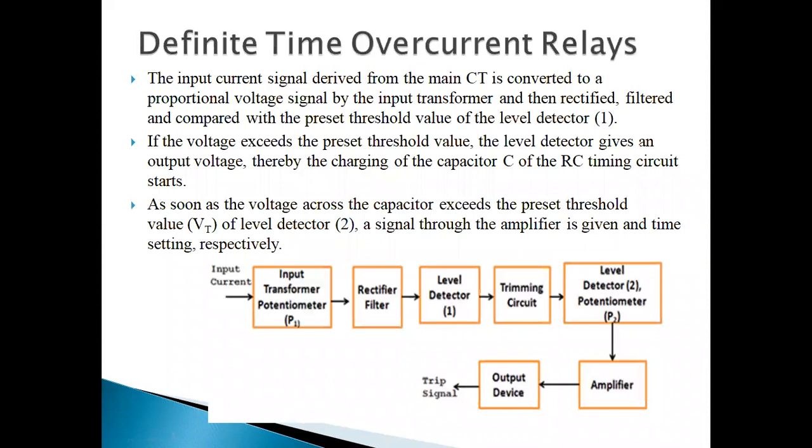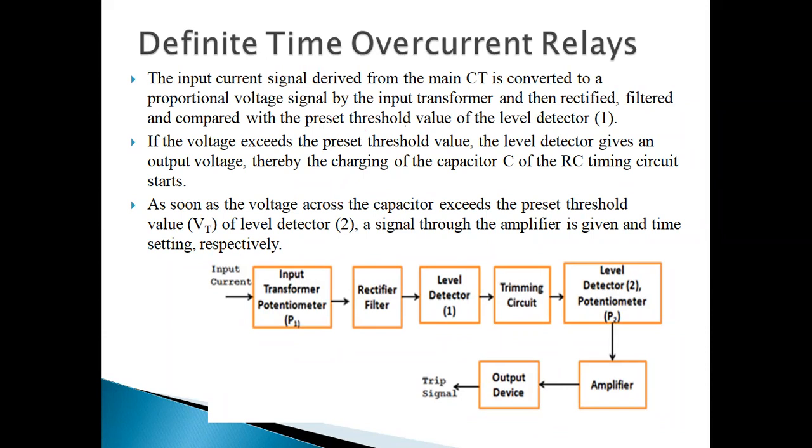Okay, now the next is the definite time overcurrent relays. Definite time overcurrent relays means here a fixed time is provided. If any fault occurs in the system, after fault occurrence some fixed time is provided, and after that your relay will operate.